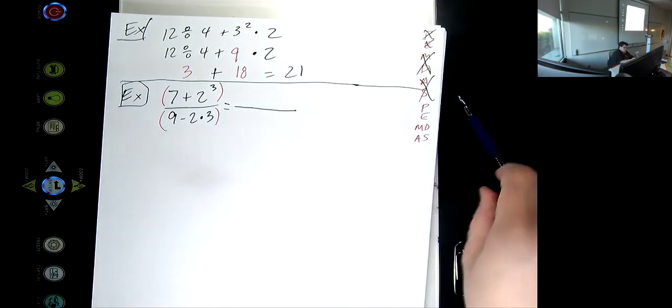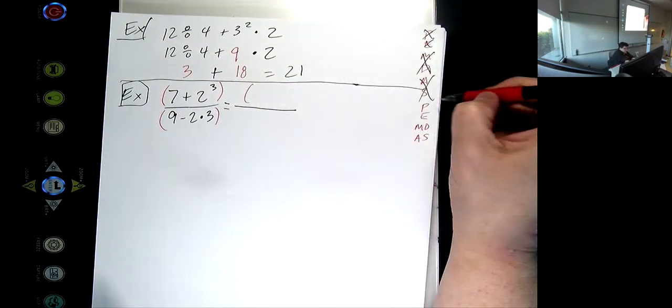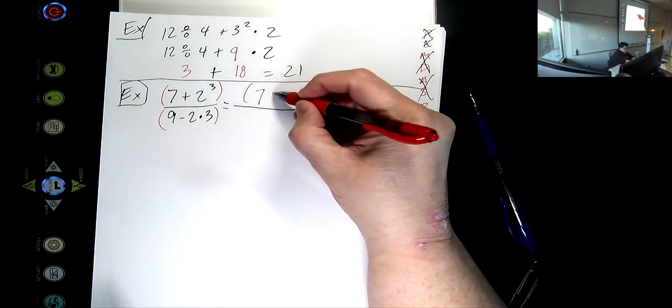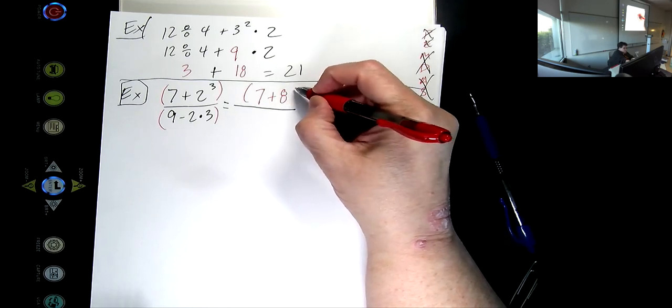So if I go through it on top, the first thing I've got on top is an exponent. And so 2 cubed, when it's to the third power, we say cubed, is 8. And I do not have any exponents on bottom. I can leave it alone.